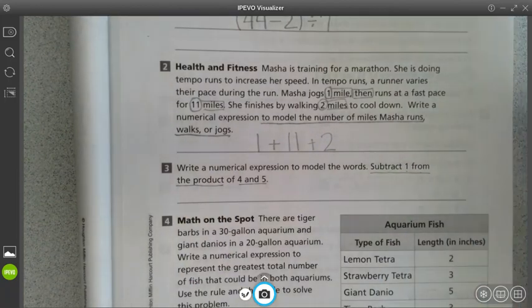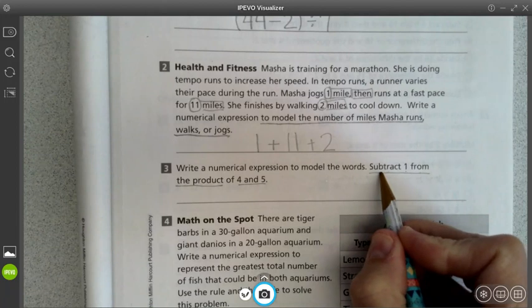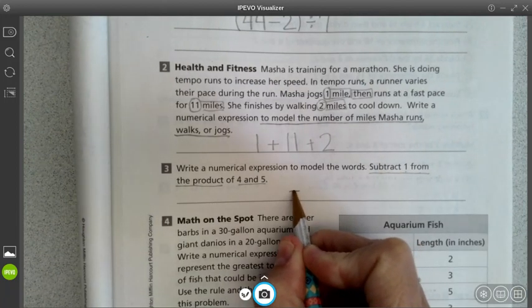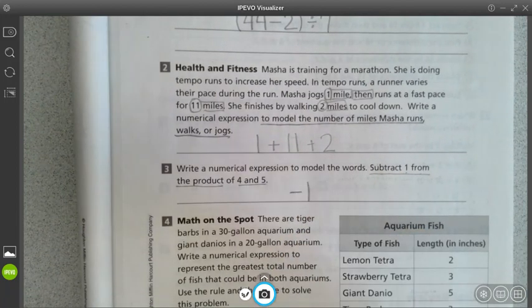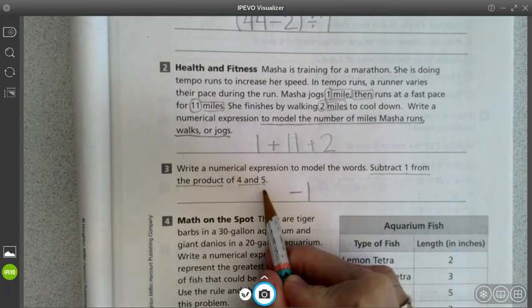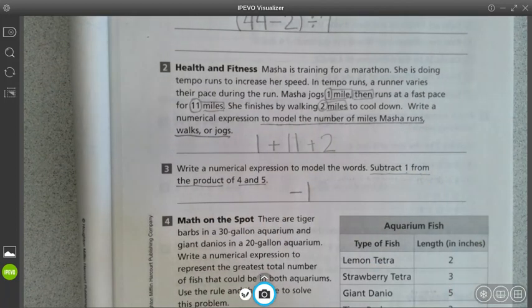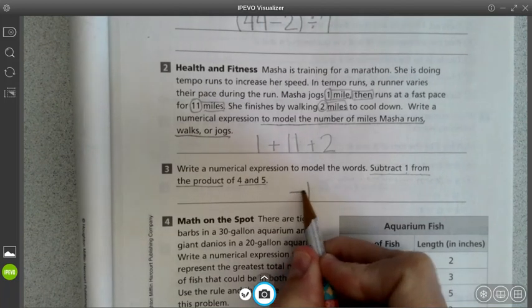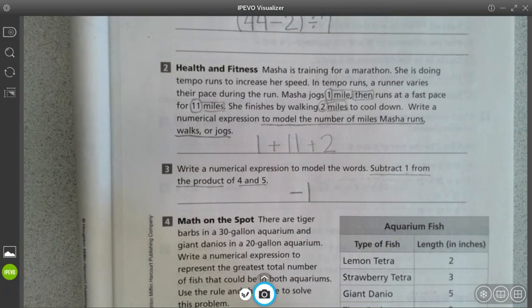I've talked in class that sometimes there's a specific order that we have to do things, especially in subtraction. But if it says subtract 1, I always like to write subtract 1, and then I know from the product, I know that that has to come before my subtract 1, because subtract 1 has to stay together.